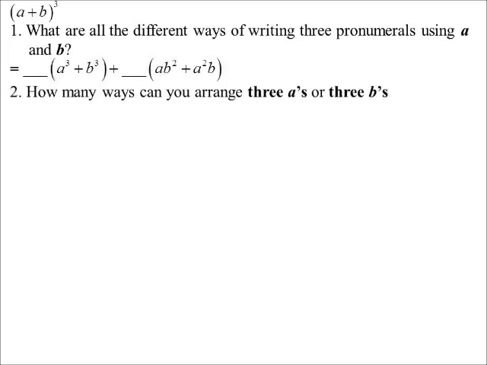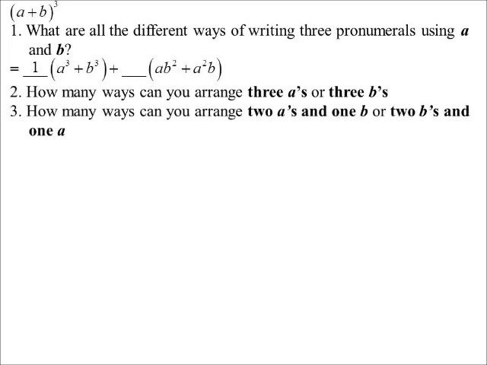So the question is, how many ways can each of those things happen? Well, the three a's and the three b's, again, there's only one way I could do it. An a from the first one, an a from the second one, an a from the third one. But the question is, how many ways can I grab two a's and one b? Or how many ways could I arrange two a's and one b, if you like? 3 factorial divided by 2 factorial.